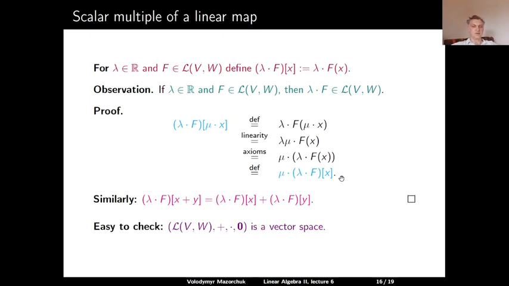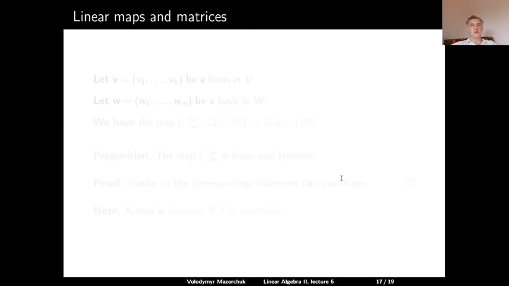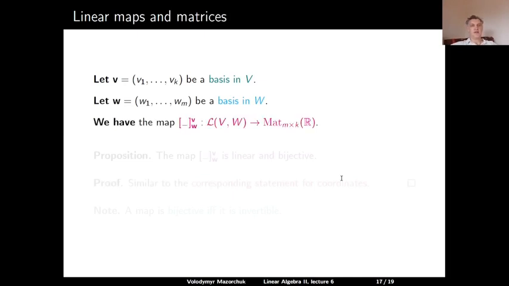So we have a vector space of all linear maps. And we also have the coordinate map for this vector space. If we choose a basis in V, consisting of elements v1, ..., vk, with notation bold V, and let us choose a basis in W, consisting of w1, ..., wm, with notation bold W. Then we have the map, which means we take the matrix of our linear map.